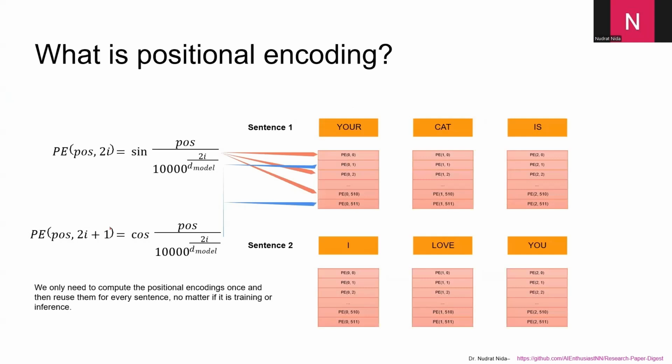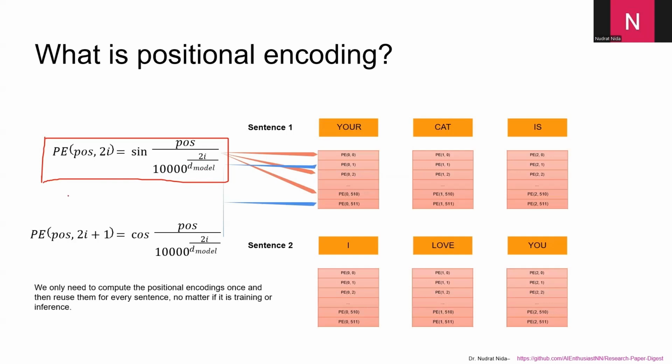This is the formula given in the paper to compute the positional encoding. We see that for odd positions, this formula is used by the authors to compute the positional encoding. 2i is basically the position of the embedding, and D model is your model dimension.